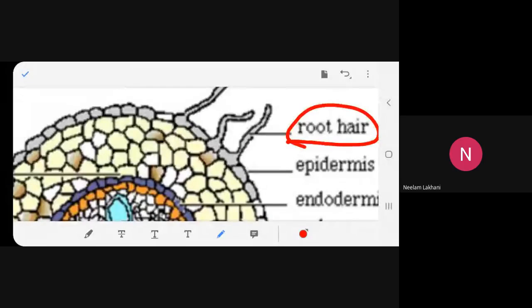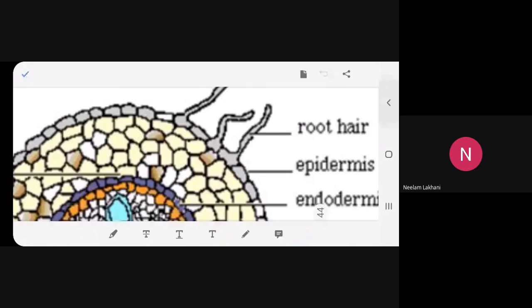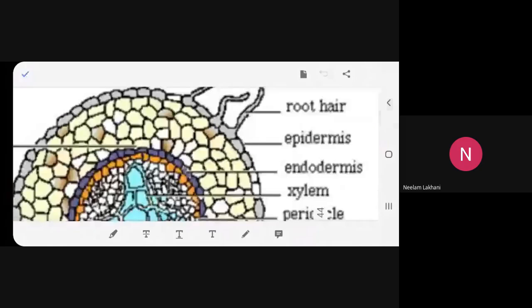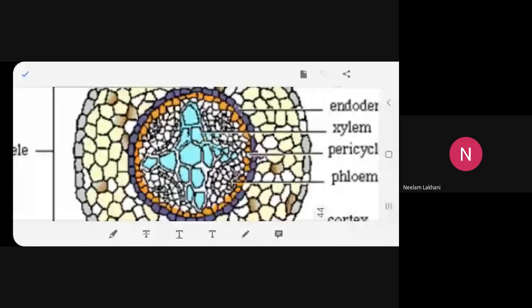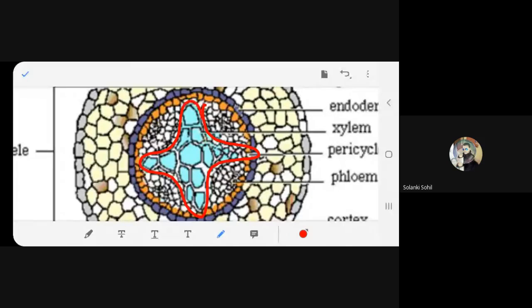This is the root, and this is the root here. Now, I'm not interested in the other things. We are interested in the vascular tissues. See here. Can you see this blue colored tissue? What is this?